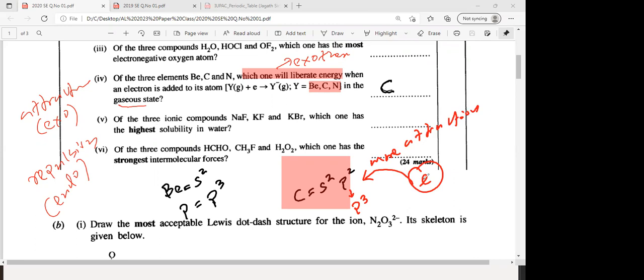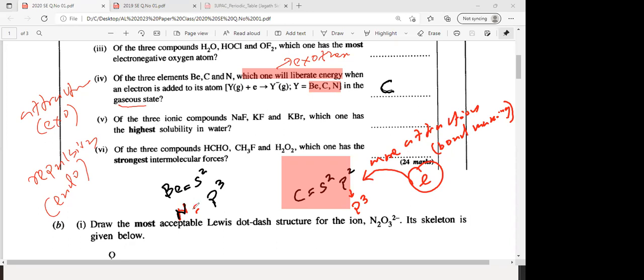Adding an electron to an atom is the same as bond making, a new interaction. Therefore, more energy is given out. But for the others there is repulsion, so that is endothermic, that is positive. That means more energy is required to supply the electron to this. Sorry, this is not beryllium, this is nitrogen, with p3.